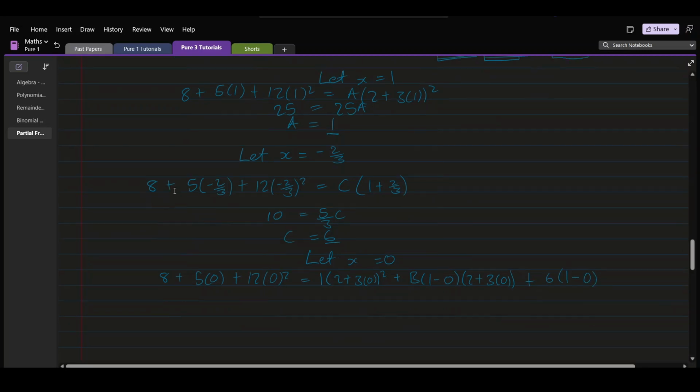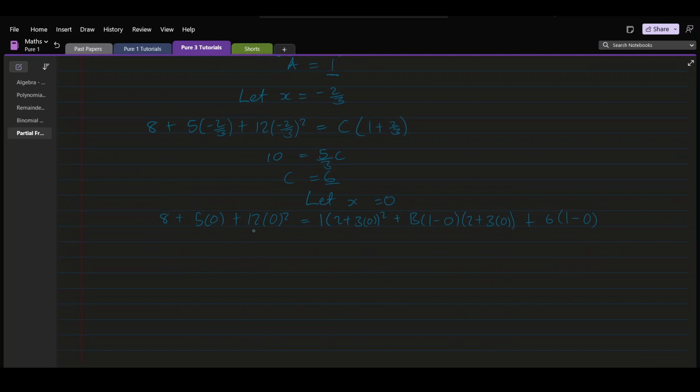Okay, so if we simplify our left hand side, we get 8, and this is equal to our right hand side. We've got 1 times 2 squared. 2 squared is 4, so that's 4. b times 1 minus 0 times 2 plus 3 times 0, so that gives us 2b. And then finally we have plus 6, so that's 8 is equal to 10 plus 2b. 2b is equal to 8 minus 10, which is negative 2. b is equal to negative 1.